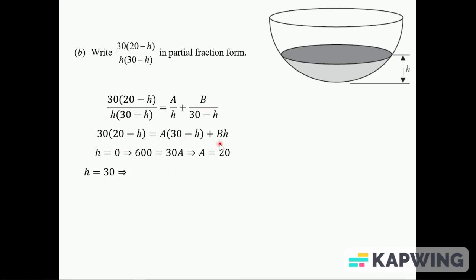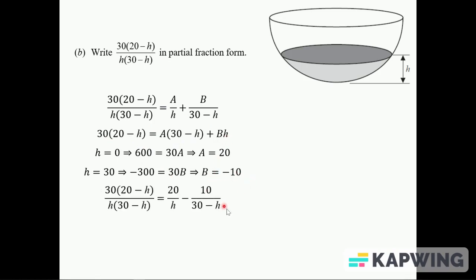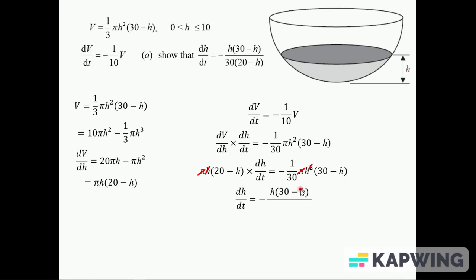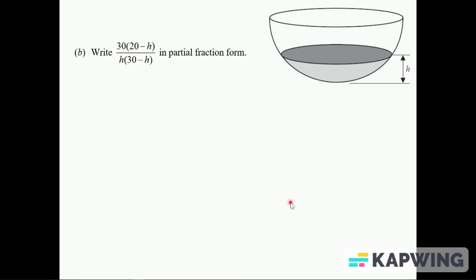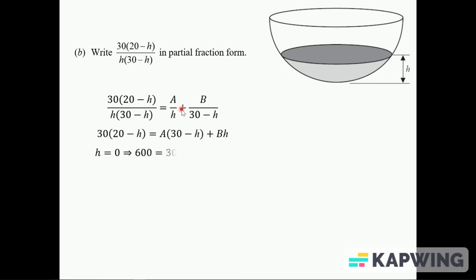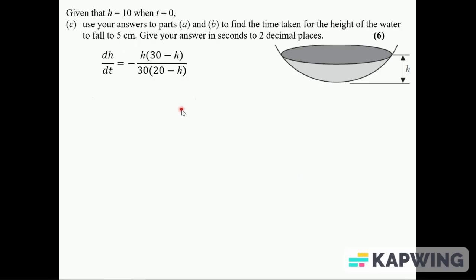This has got to work for any value of h. I'll have 30 times minus 10. That term will disappear. 30b, and that gives me b is equal to minus 10. So the partial fractions look like this. You might notice that that's the upside down reciprocal of the fraction with this. There's a very good reason for that, but we'll get to that in a moment.